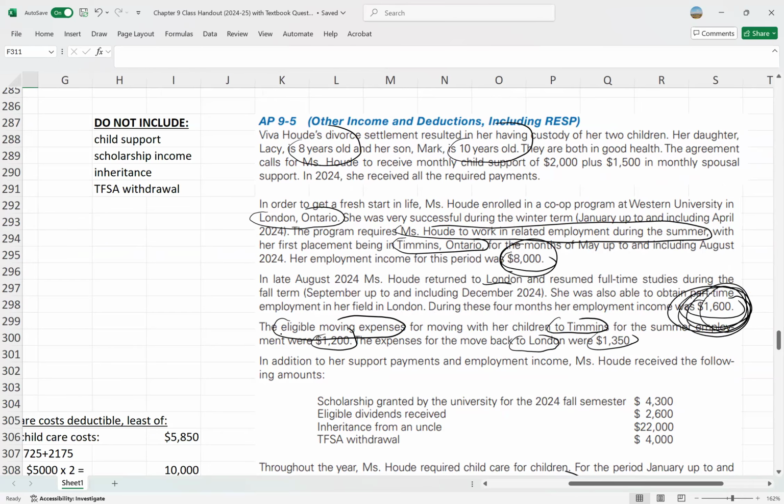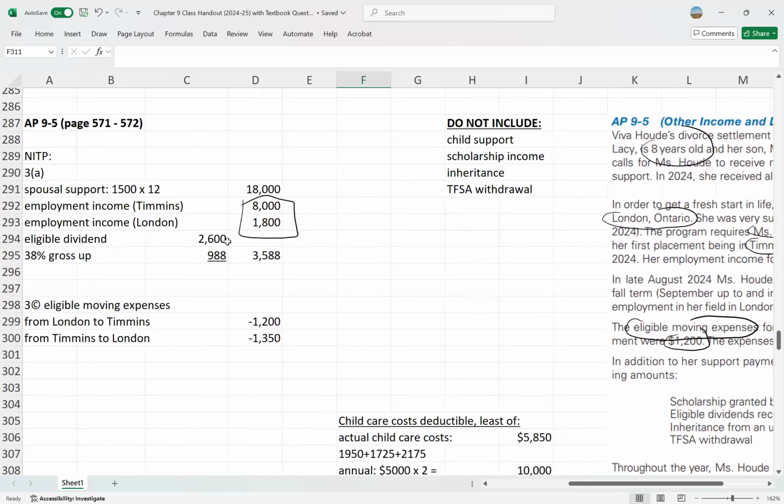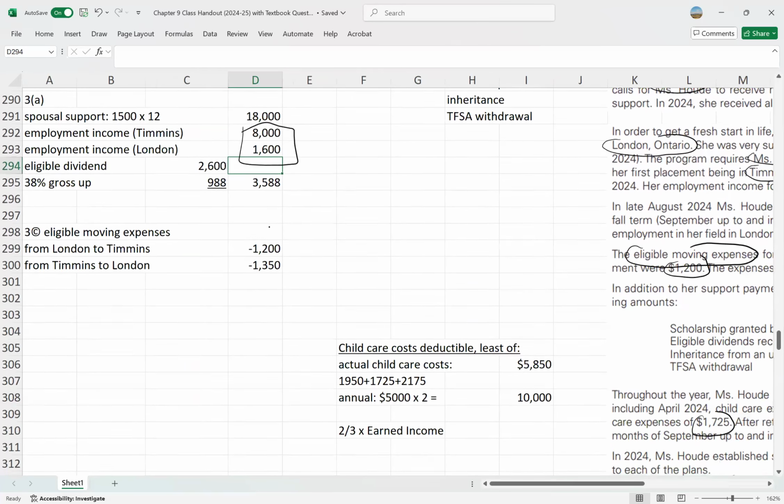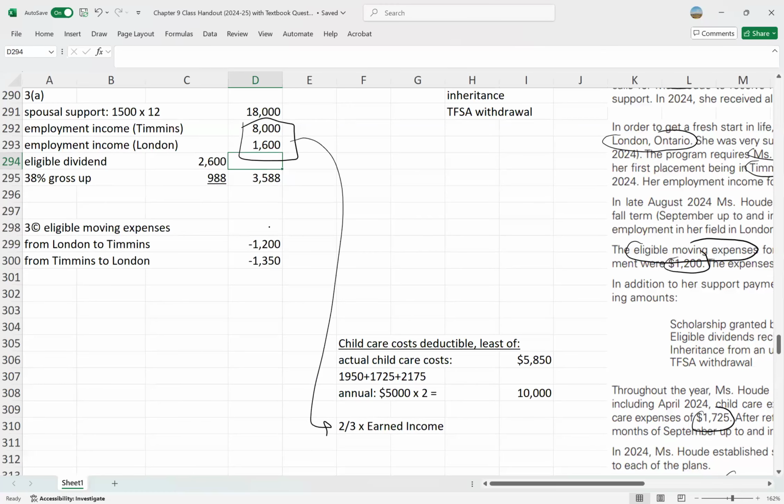I think I put 1,800 by mistake, so it's 8,000 and 1,600. So for childcare cost purposes, the earned income would be 9,600. And so what's 2/3 of that? 9,600 times 0.66667, basically 6,400.